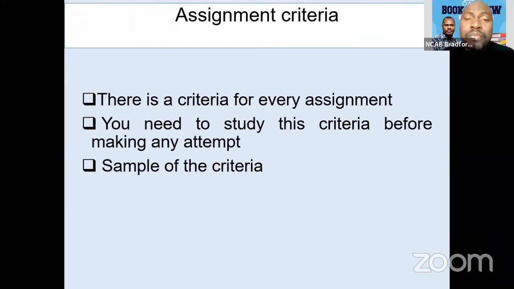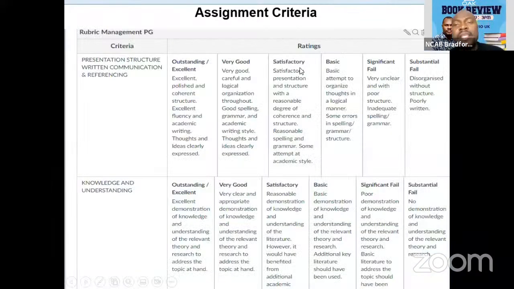I'm going to show you a sample of criteria so that those who are not aware will know that when you see this, go to Canvas, it's there for those at the University of Bradford. Go to the assignment icon, you will see the assignment criteria there. Now, this is an example of assignment criteria.